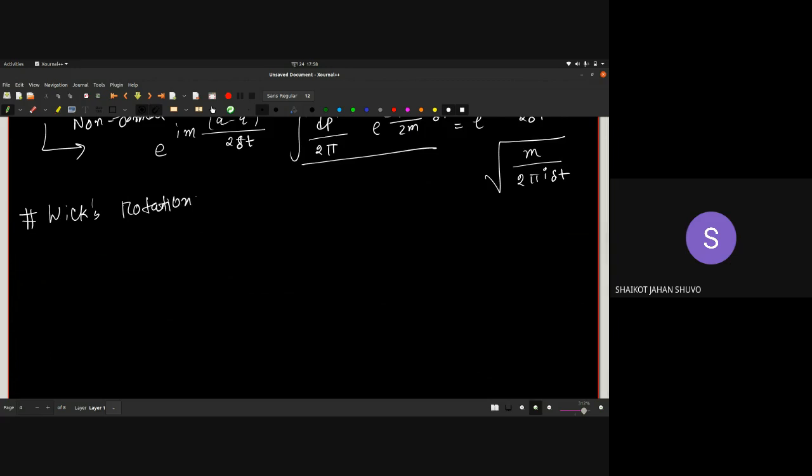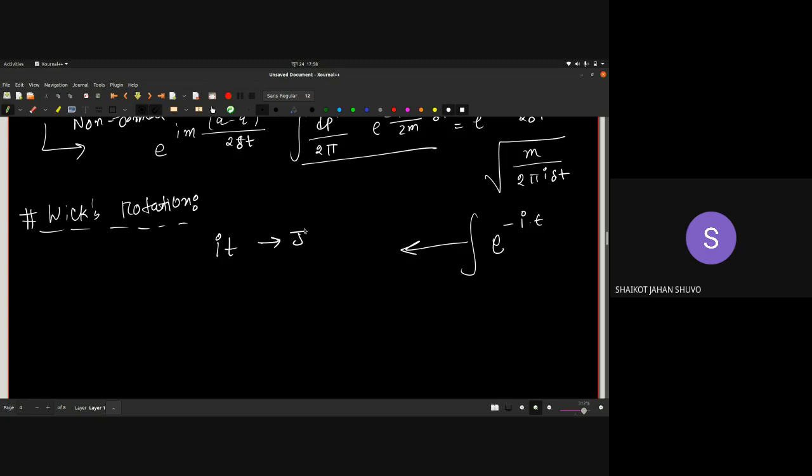This is a common technique that you will encounter in quantum field theory, because most of the integrals that we encounter there come with e to the power of some negative I times some variable and stuff like that. So these types of integrals are in general not convergent. To make them convergent, what people do is that in these integrals, they take this it to some tau.